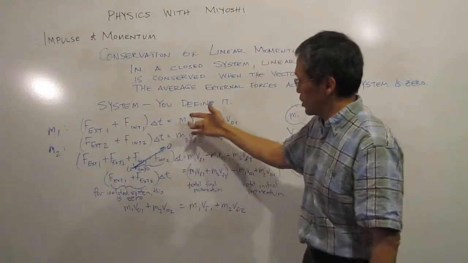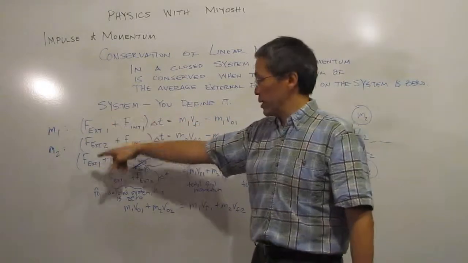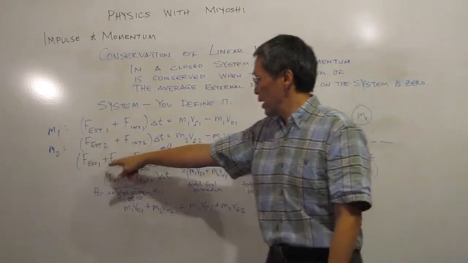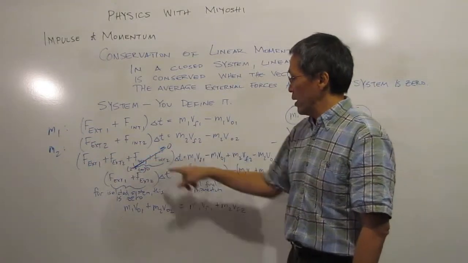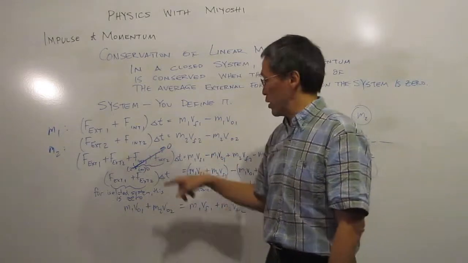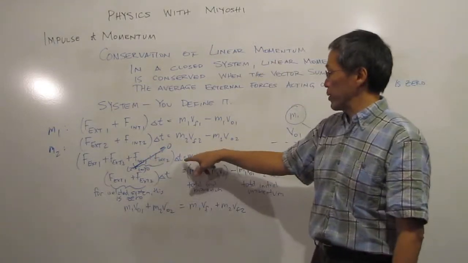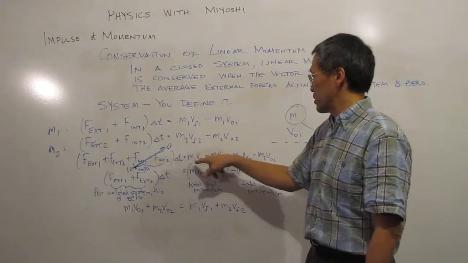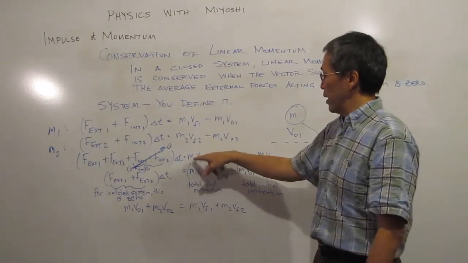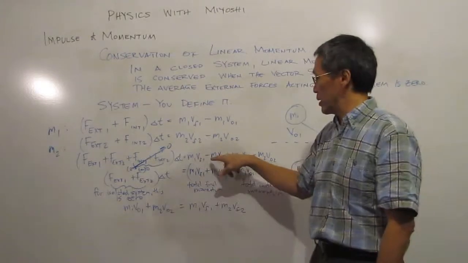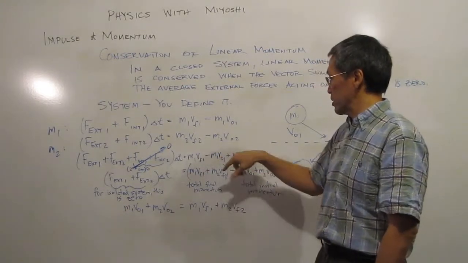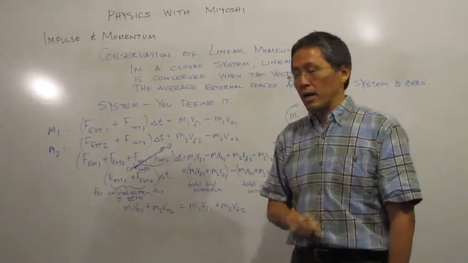We can add these two equations together so that we look at both of them as a system, and we can see that the internal forces are equal and opposite, and then we multiply by time. These are mass 1 times velocity final minus velocity initial, and the same thing for the second mass.